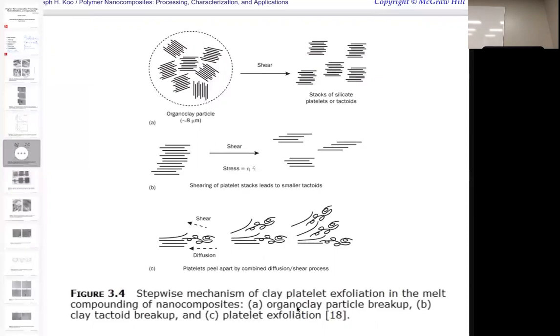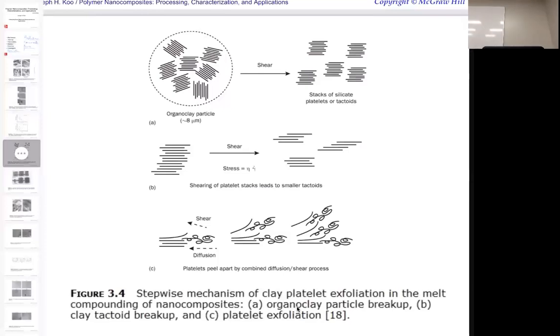So you have to have shear plus something to get in between. We can do that with a small liquid polymer or a molten polymer. Either way, you have to get the shear plus some kind of breaking up of that interaction between the clay and the actual clay to clay platelet.